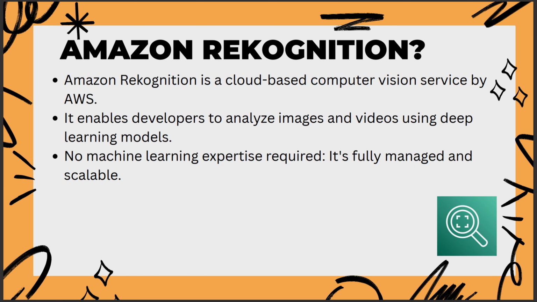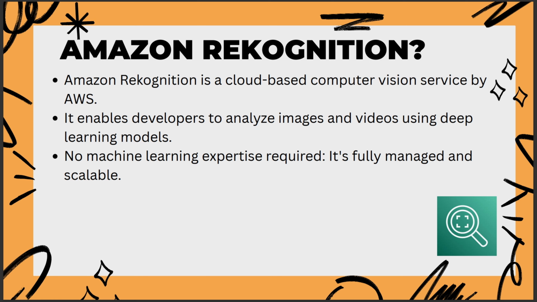All right, let's get started with the basics that you need to know about Amazon Rekognition. As mentioned before, it is Amazon's cloud-based computer vision service. It enables developers to analyze images and videos using deep learning models. And as mentioned in my previous videos, a deep learning model is basically just a neural network.